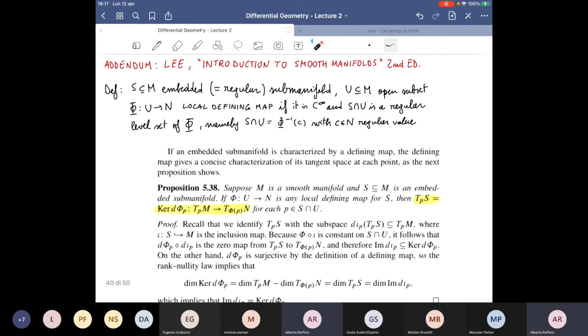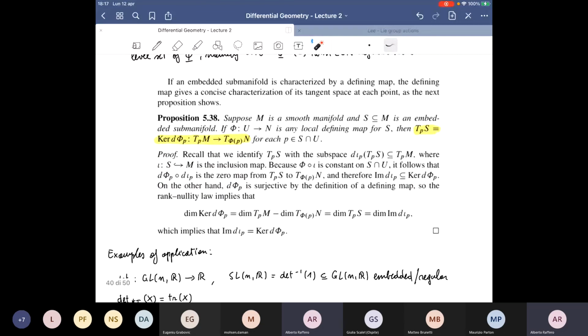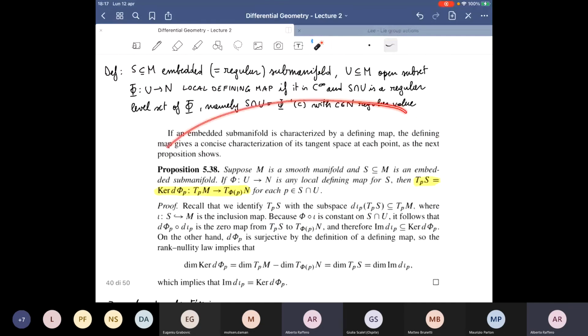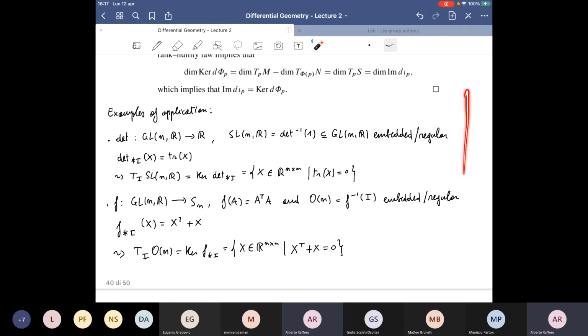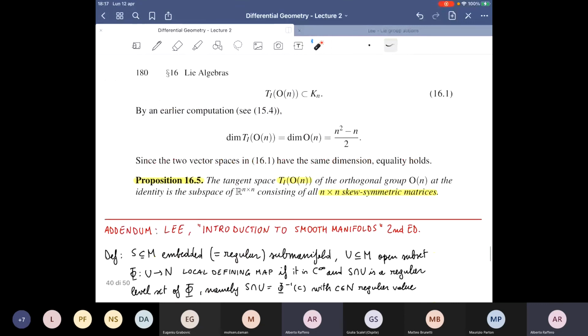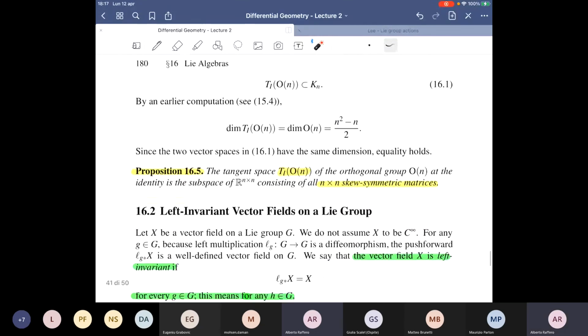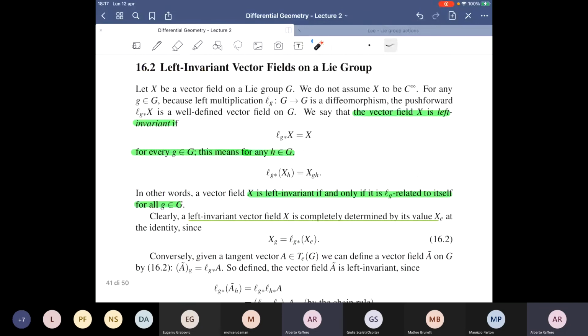And probably Maurizio said something about this result in the last lecture. So I wrote here again the result one can use and the conclusion one can draw, and you can read this to add some information on these results. Let's move on now, and let's talk about left invariant vector fields on a Lie group.